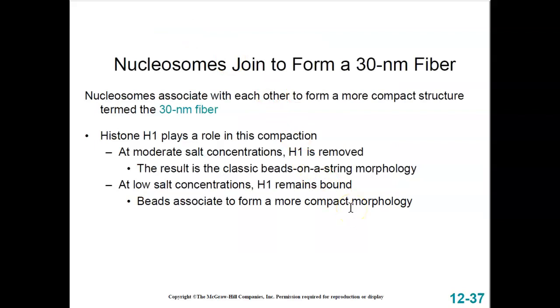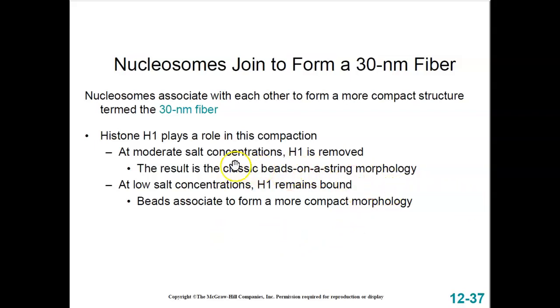Nucleosomes join to form a fiber. These fibers exist to help package and compact DNA. So histone H1 helps compact by holding the DNA onto the histones, hence holding the beads onto the string. And if you prepare intact DNA with different amounts of salt, you can actually look at compaction.